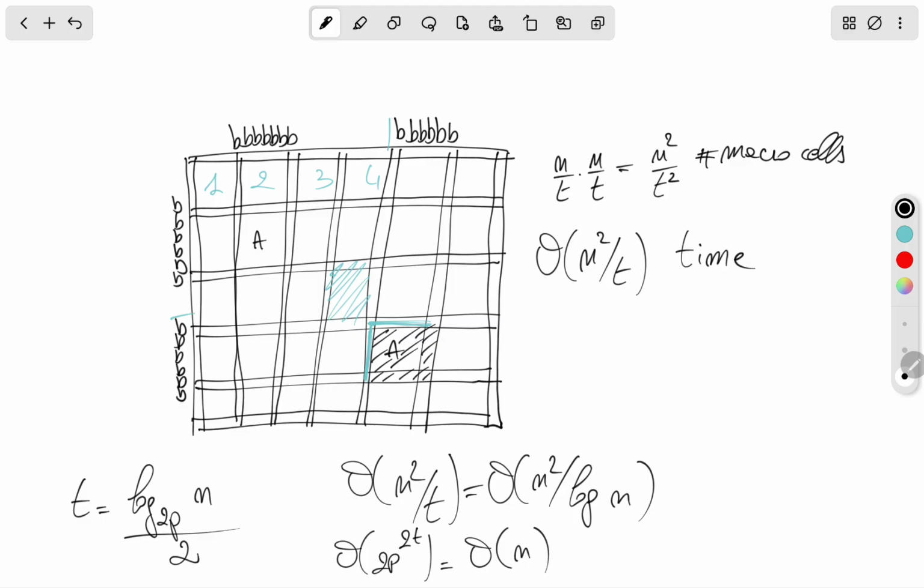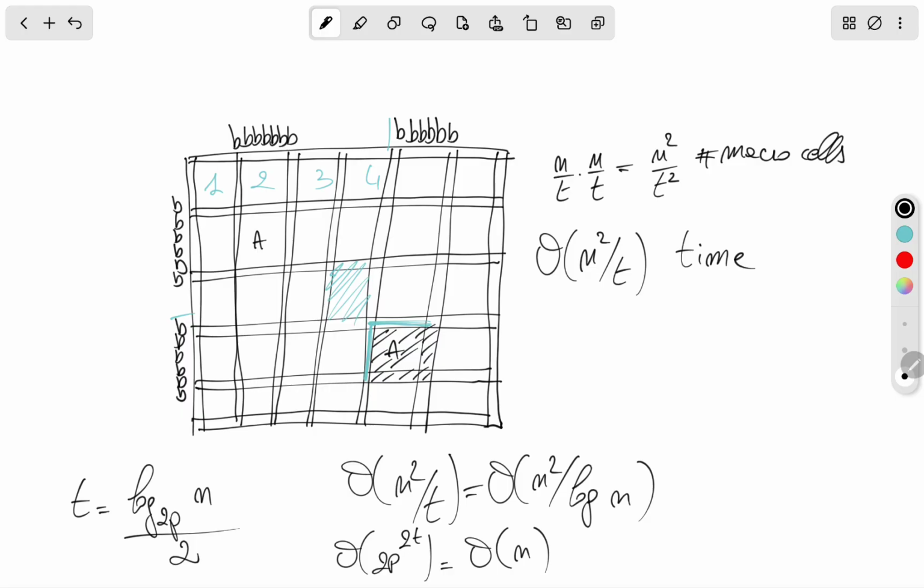And that's why I've chosen that value of t, essentially. Because the 2 in the fraction essentially compensates the fact that I have 2 at the exponent in the logarithm. And so if I sum these two quantities, I obtain n squared over log n overall time.